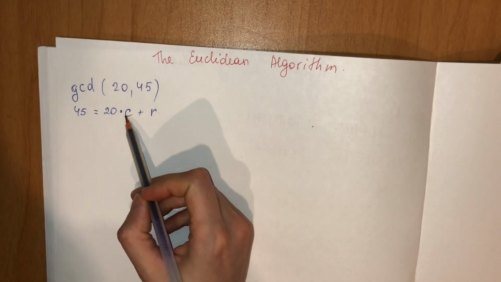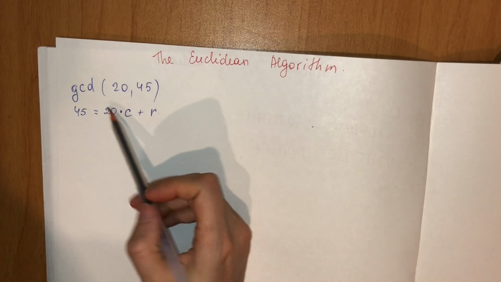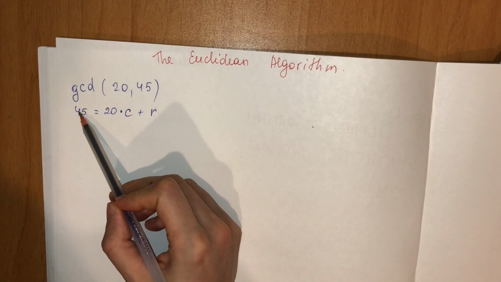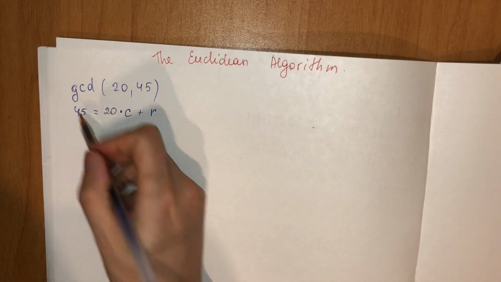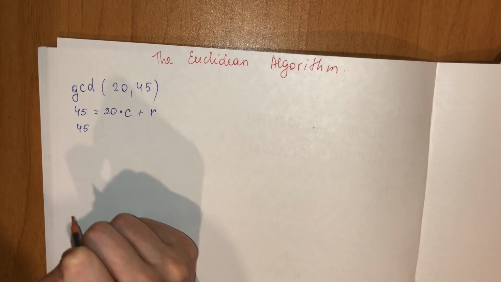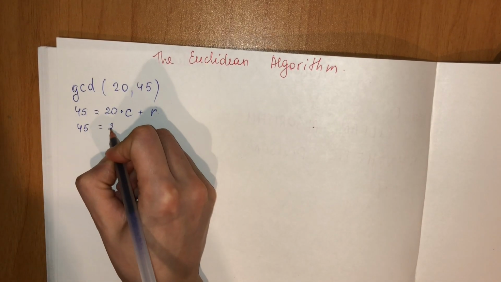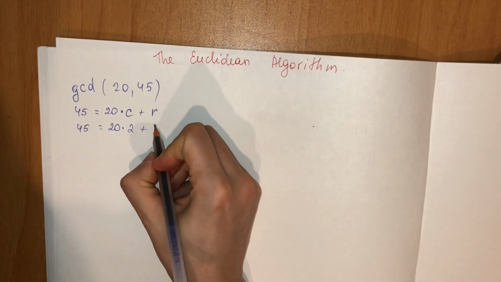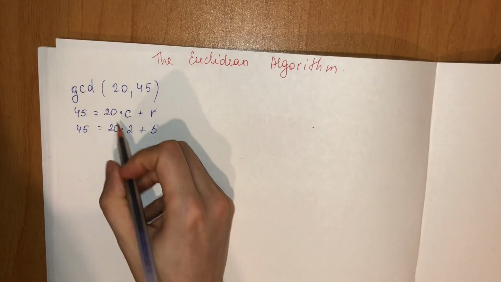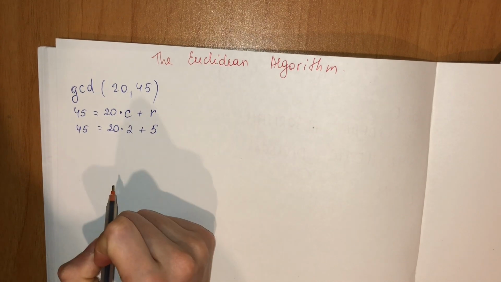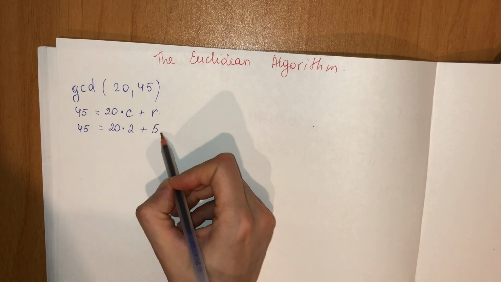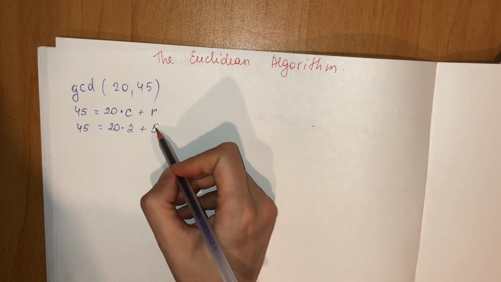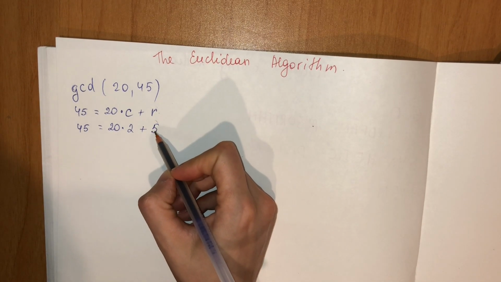Here C is how many times 20 fits into 45. So it's clear that 45 is equal to 20 times 2 plus 5. We will continue this process until the remainder is 0.